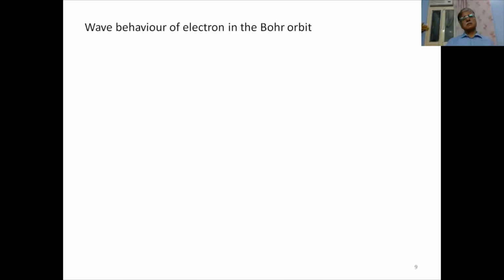Now let us slightly deviate away from the Bohr model and consider the wave behavior of the electron as per the de Broglie matter waves. So the wave behavior of the electron in the Bohr orbit is given by the de Broglie formula, lambda is equal to h by mv.